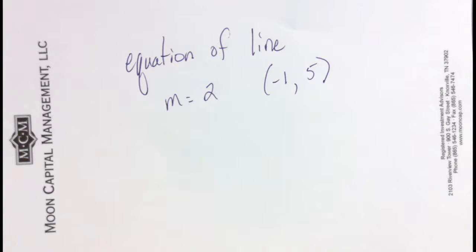I can simplify it if I really want to. 36 times 4 is 144. And then add 20, so I get 36x minus 124.